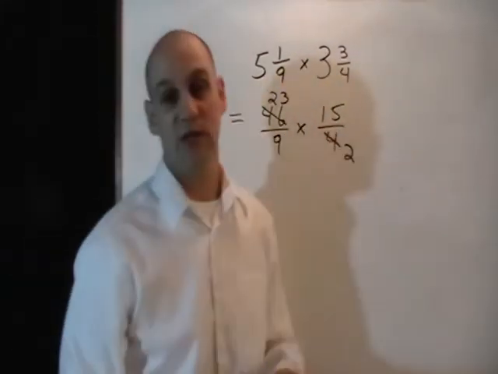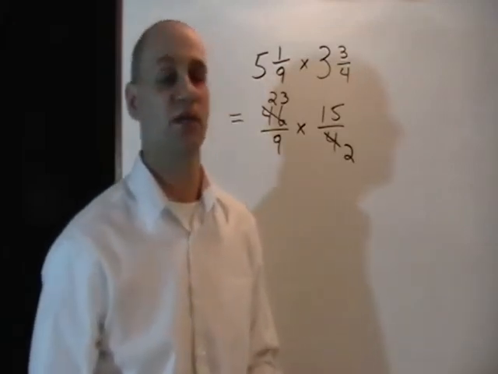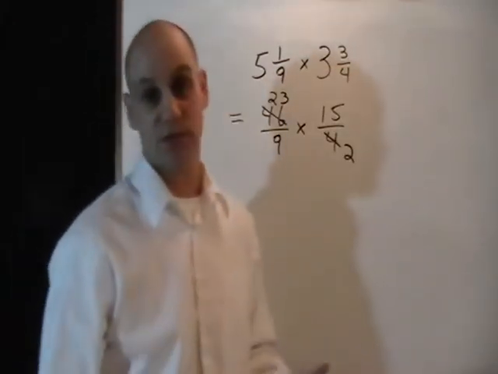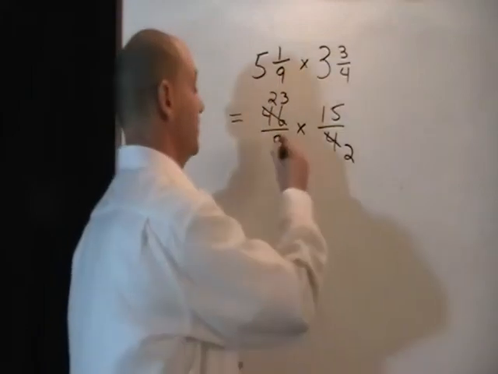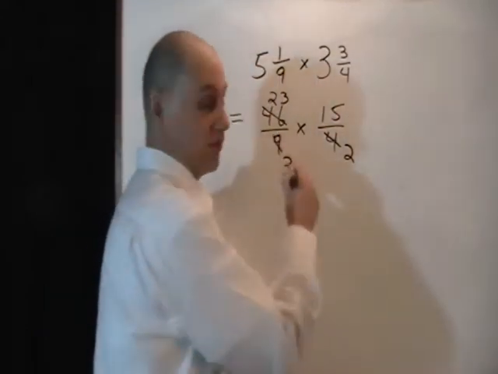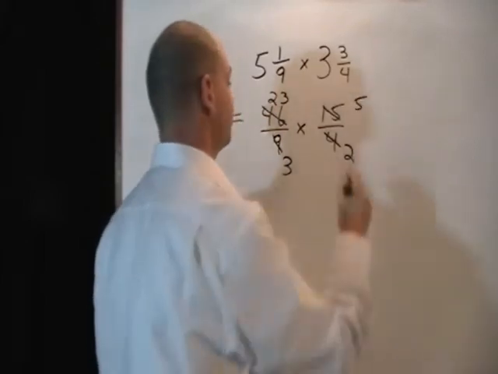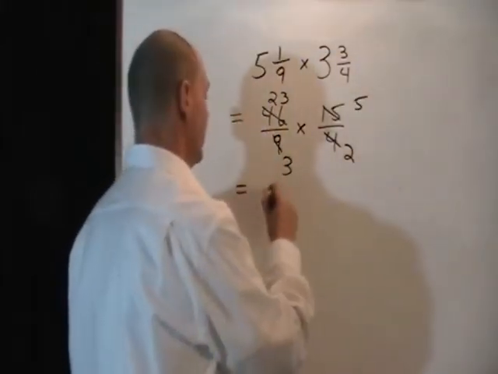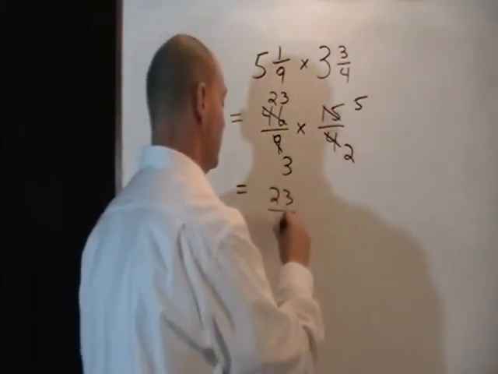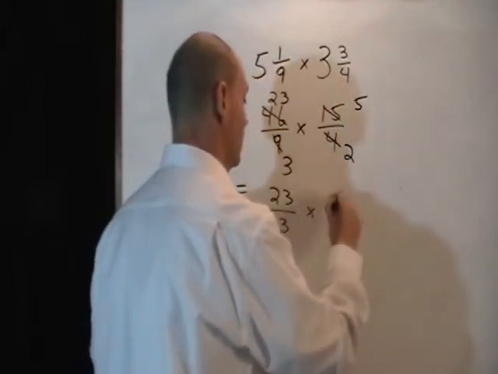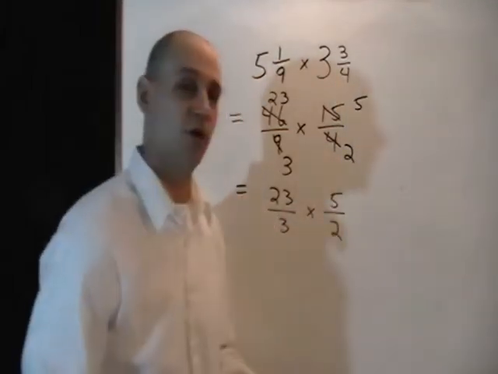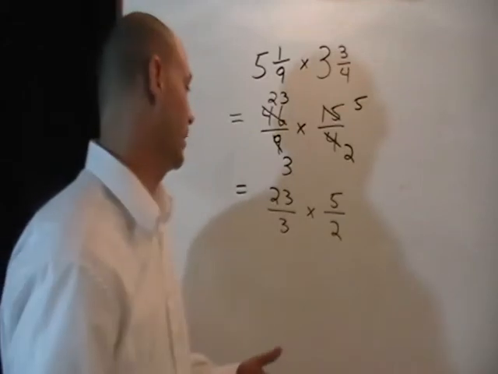And if we look at 9 and 15, what number can divide evenly into 9 and 15? And the answer is 3. So we can divide 9 divided by 3 to get 3, and 15 divided by 3 to get 5. So what we end up with here is 23 over 3 times 5 over 2.